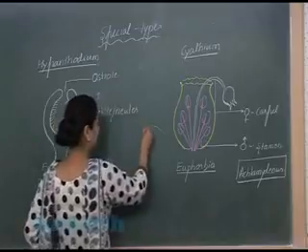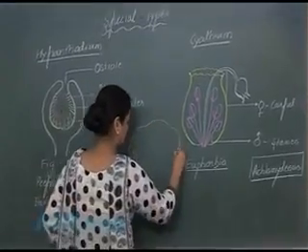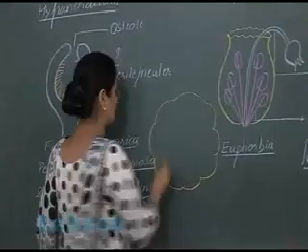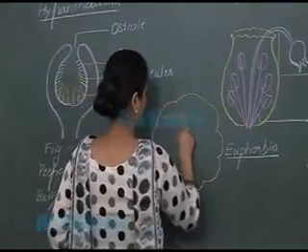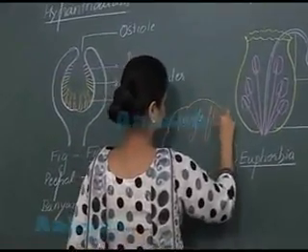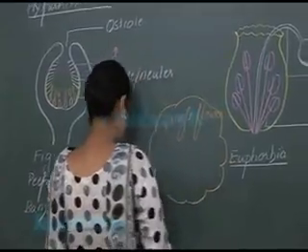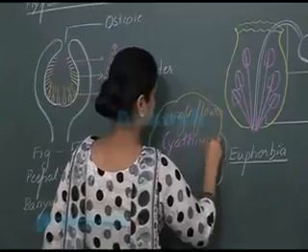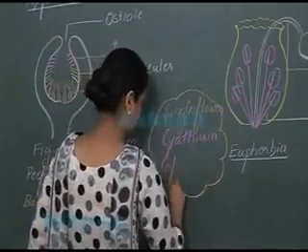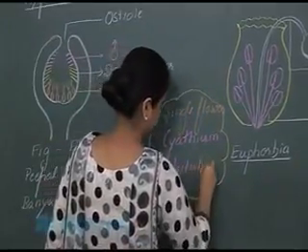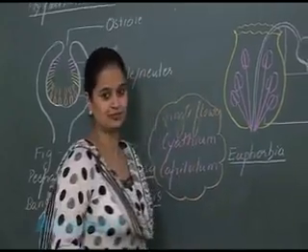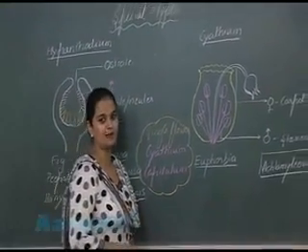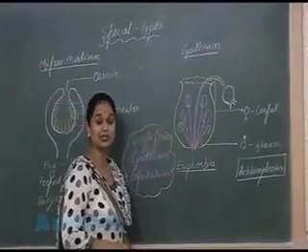So we can write this information here: the inflorescence which gives the appearance of a single flower, one example is Cyathium, and the other one is Capitulum. So this is all about the inflorescence. Now I will be starting with the next topic, that is the flower.